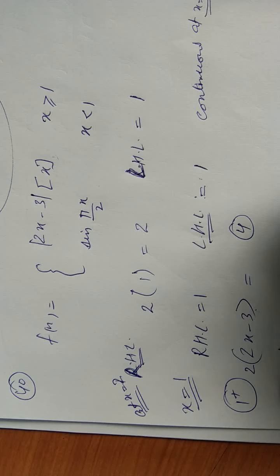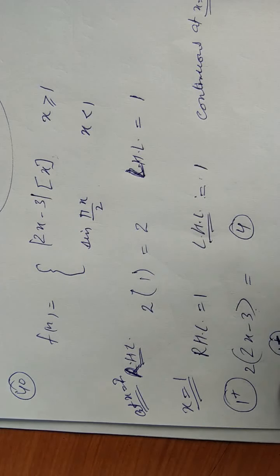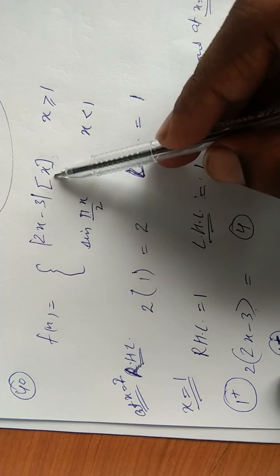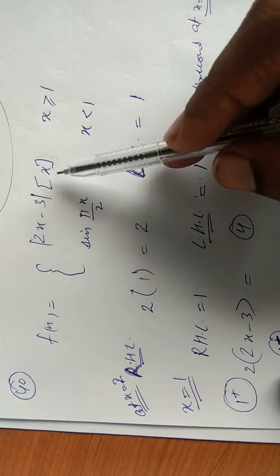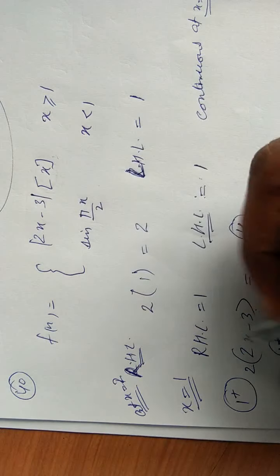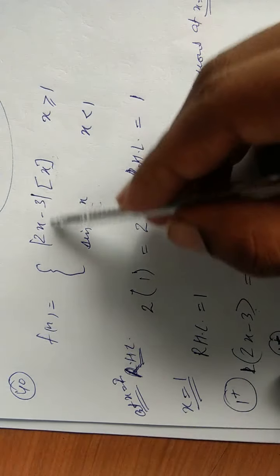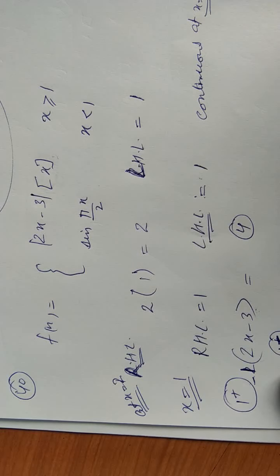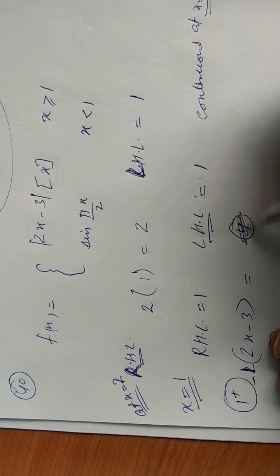And talking about 1 positive, okay, so at 1 positive this would be 3 minus 2x, my bad, so place a minus sign over here. So we get the slope to be minus 2.